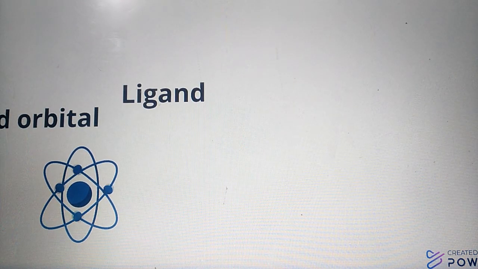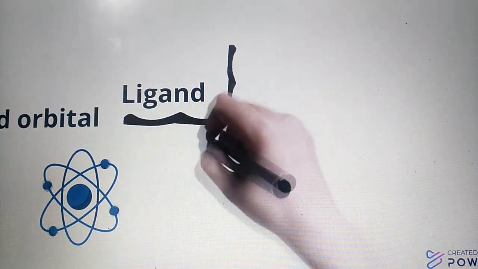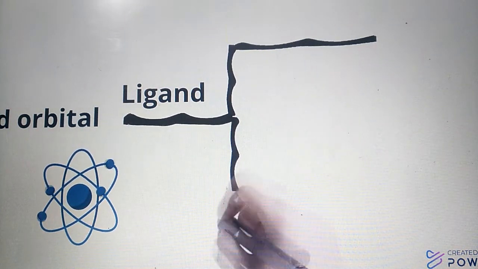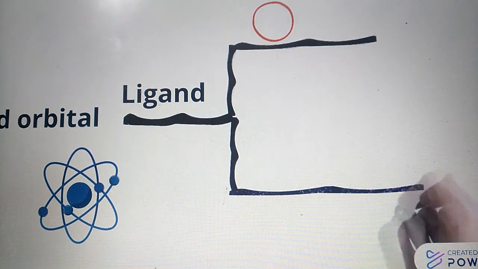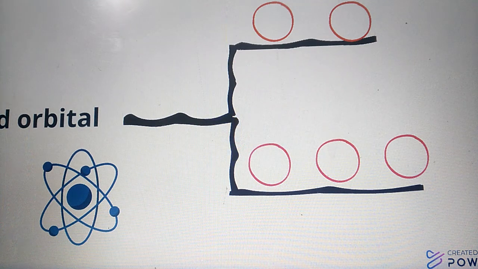This is the d orbital in the metal atom. When ligands come toward the metal atom, the orbitals divide into 2 groups. One is Eg and the second is T2g.